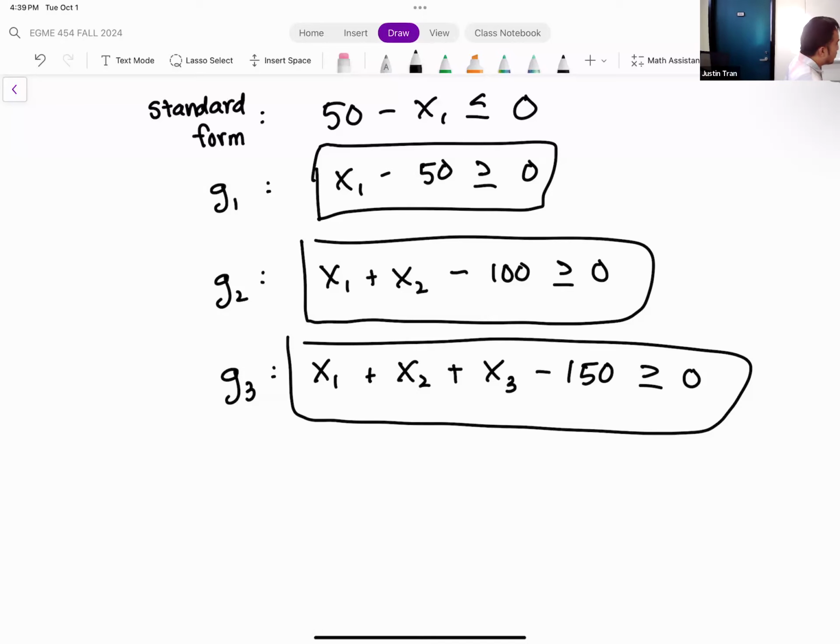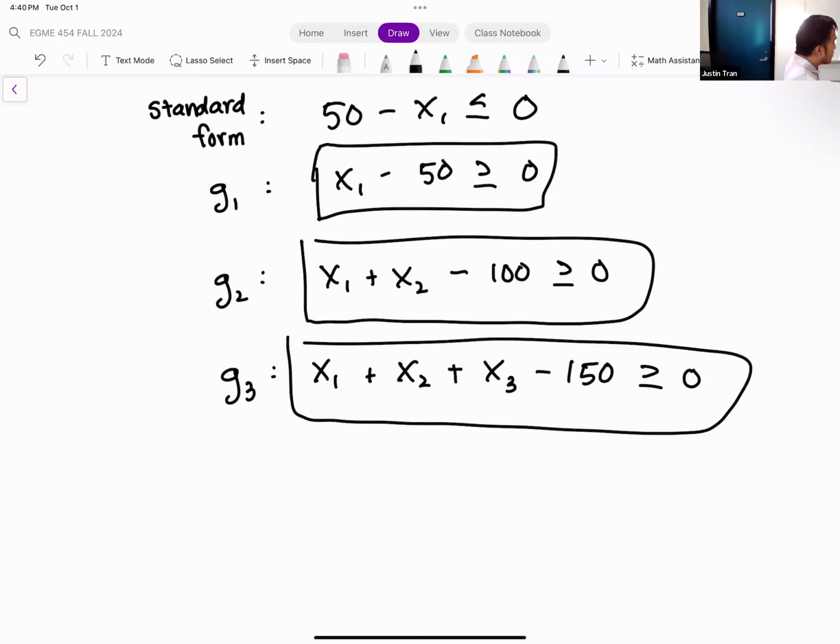So, looking at this, you may think that we can try to make all 3 constraints binding, right? That basically requires that we produce 50 each month, but that may not be the optimal result. In this case, if all 3 constraints are binding, the easy answer is X1 is equal to 50, X2 is equal to 50, X3 is equal to 50.